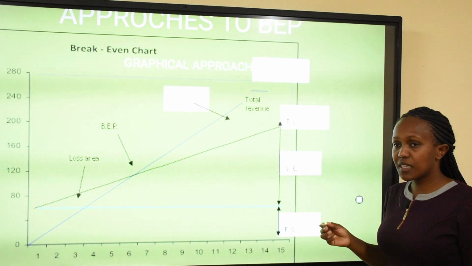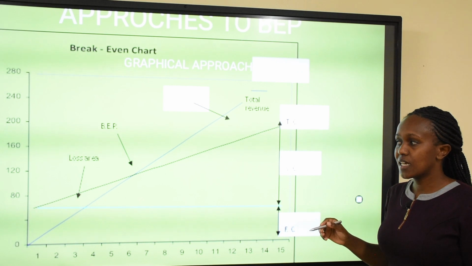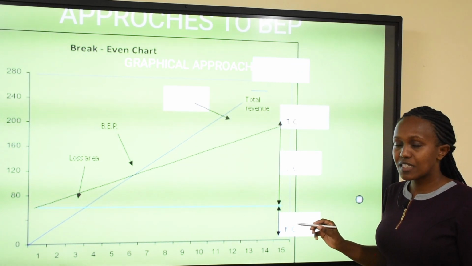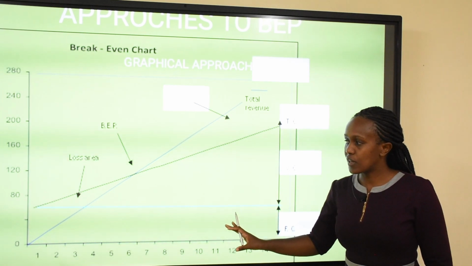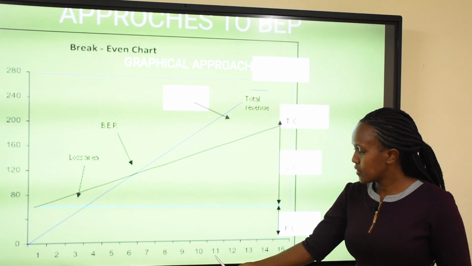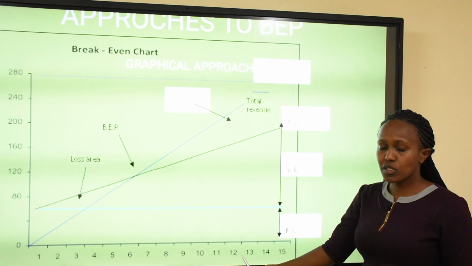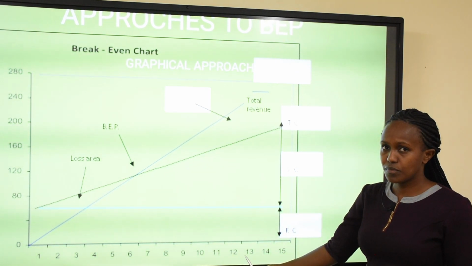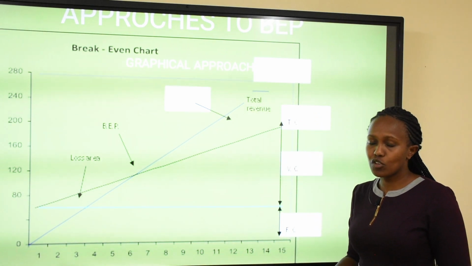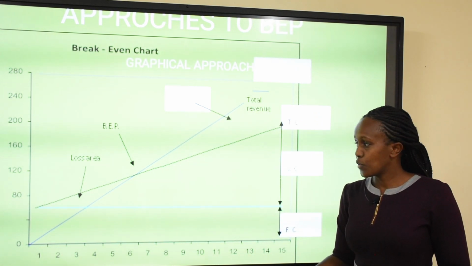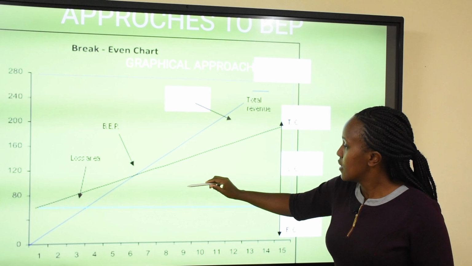And remember, one of the assumptions of BEP is that total revenue and total cost are linear functions of output. So if we graph, having output or the sales volume on this side, and on the y-axis having total cost and total revenue, we can draw these curves.